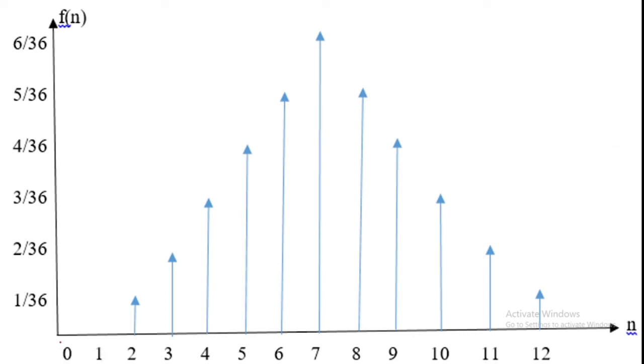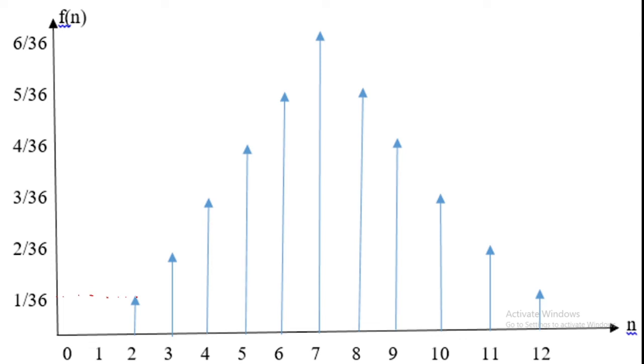For n equal to 0, the probability value is 0. For n equal to 1, the probability value is 0. Next, n equal to 2, the probability value is 1 by 36. Now, the probability density function is the derivative of the distribution function, and the derivative of the unit step function is the unit impulse function.